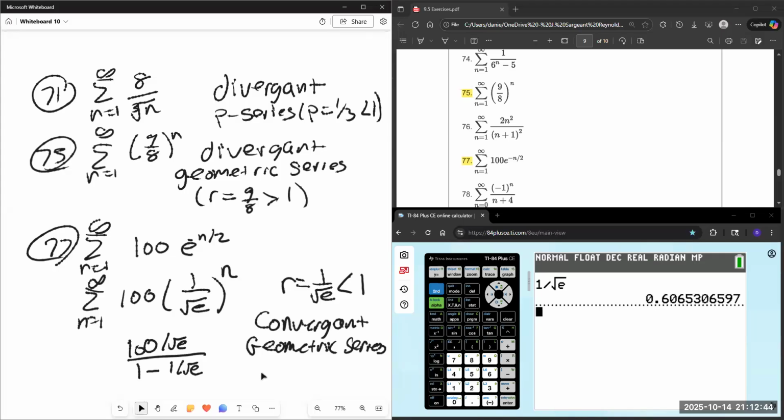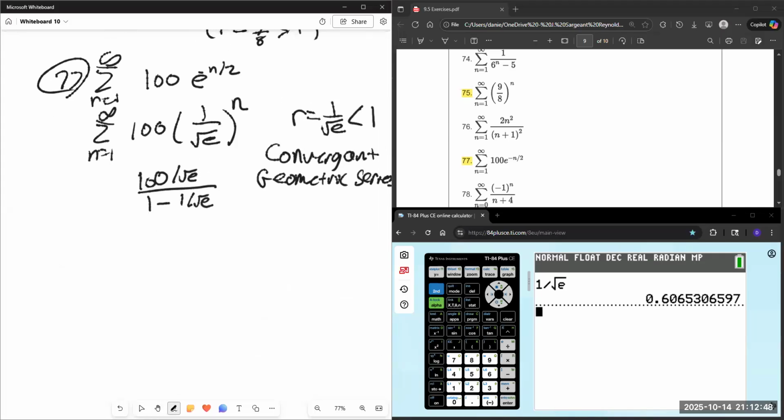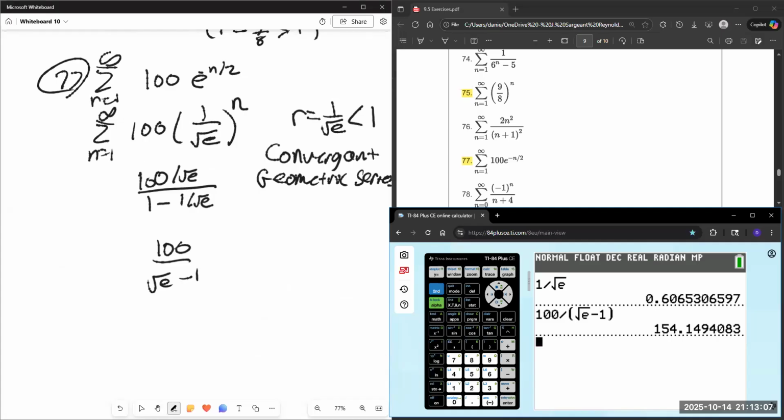I'd probably multiply by square root of e over square root of e and get 100 over the square root of e minus 1. This is approximately 154.149 if I'm interested in what that converges to.